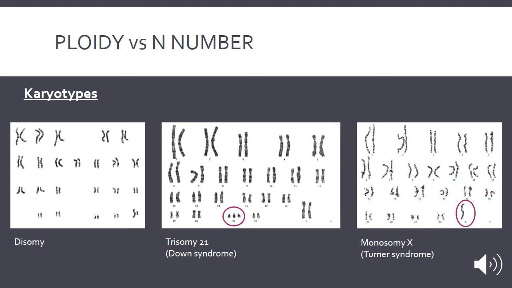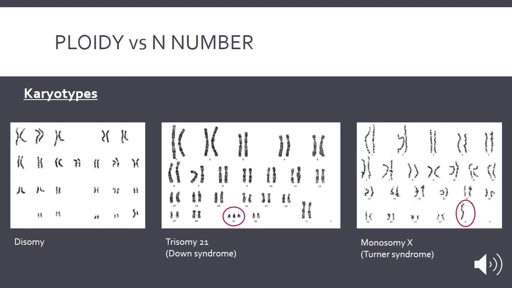Conversely, the third image shows monosomy X, better known as Turner syndrome, where you're missing 1 X chromosome. In reality, for humans, the default state is female. So if you're missing the second sex chromosome, then you become female, although with some physical differences, and we'll talk about that at a later time.